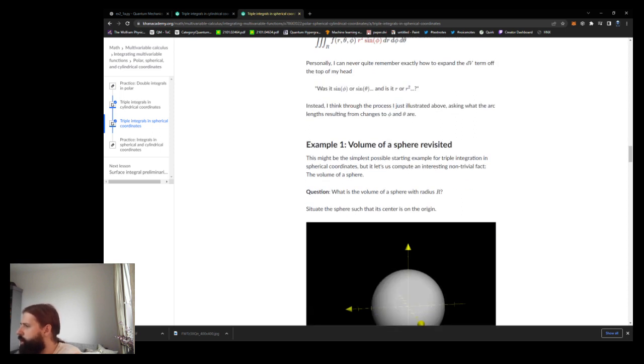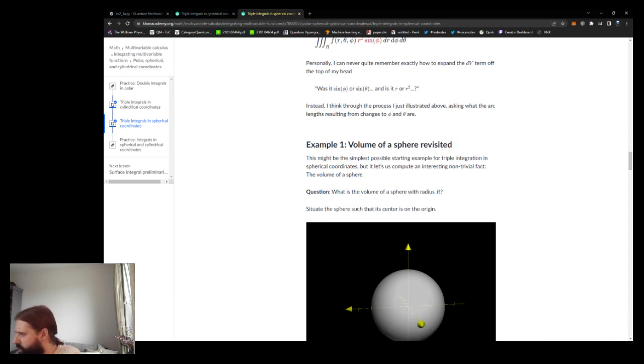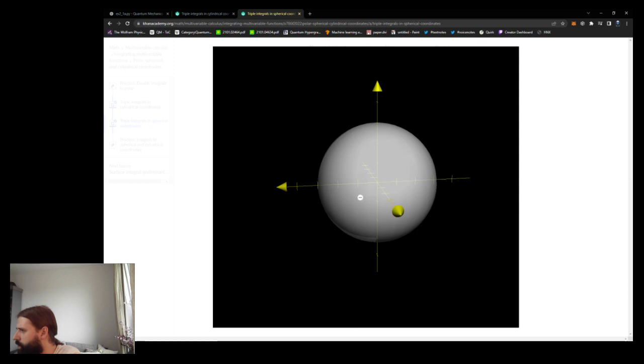So, volume of a sphere revisited. This might be the simplest possible starting example for triple integration in spherical coordinates, but it lets us compute an interesting non-trivial fact: the volume of a sphere. What is the volume of a sphere with radius R? Situate the sphere such that its center is on the origin. Cool.